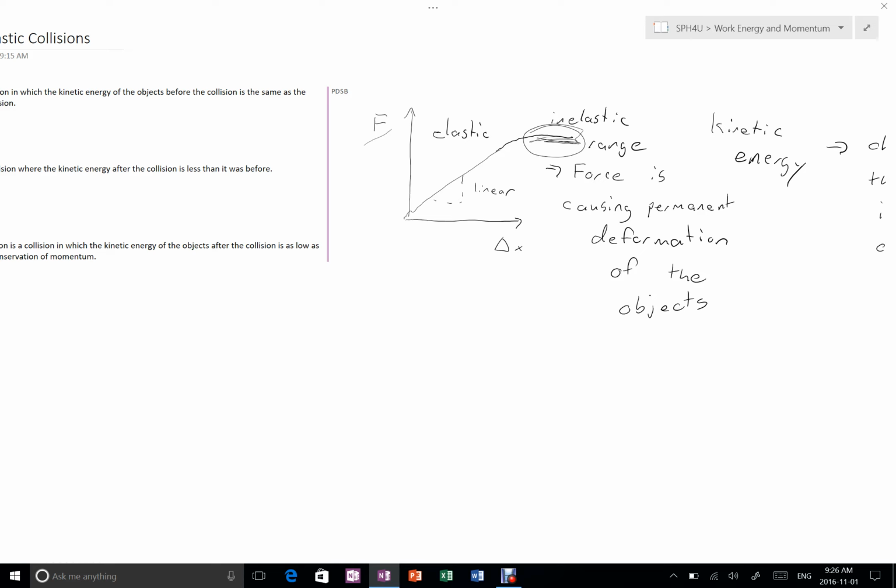When that happens, the objects involved in the collision will change their kinetic energy into other forms of energy, and as a result, the kinetic energy before will not be the same as the kinetic energy after.